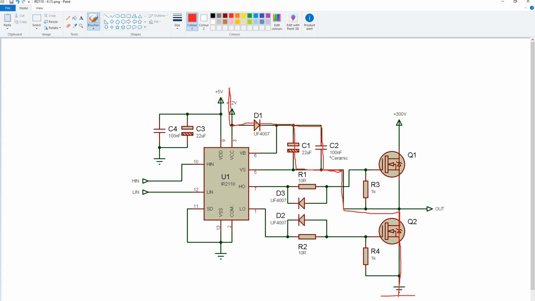Okay, now obviously this is also on. So because that's come on, then this has now happened. Current's flowing through here. So you've got those capacitors charged up to a diode drop below 12 volts, so 11.5 volts there.